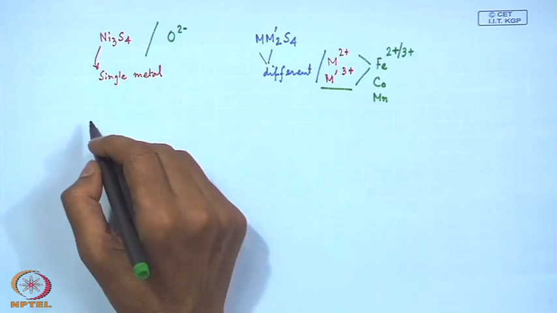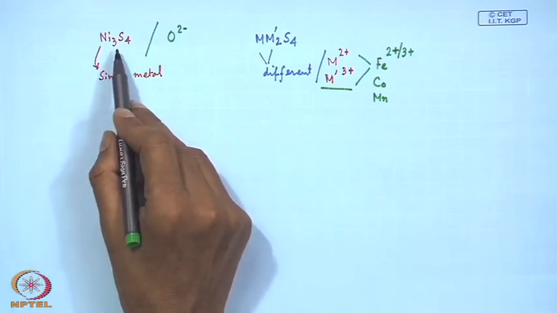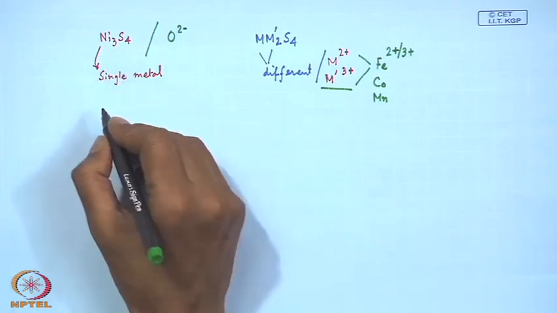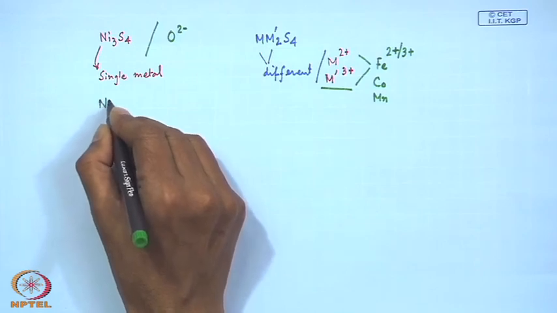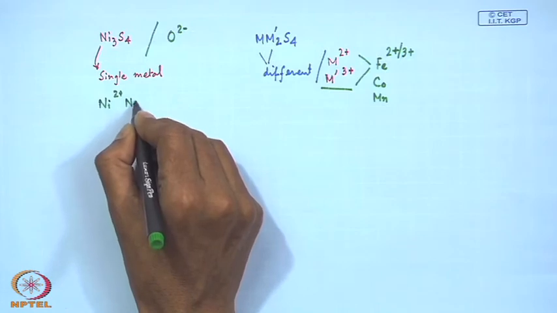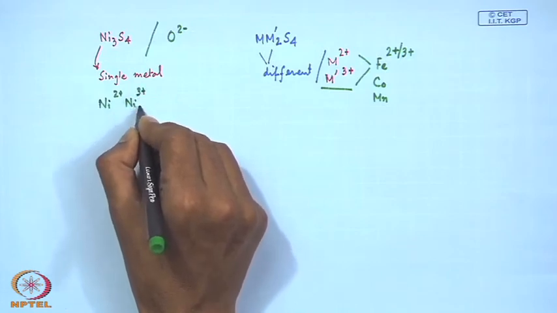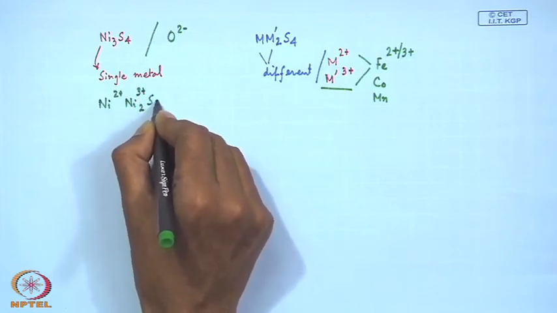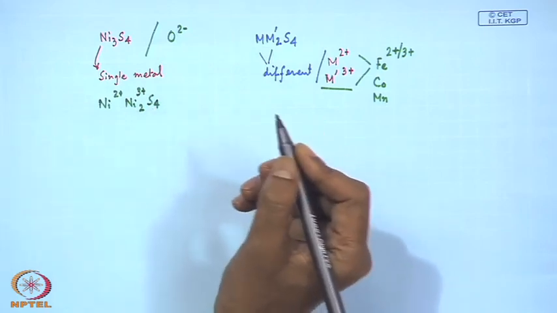So, in sulfur environment, which can show some amount of polarization, this nickel center is present as both bivalent and trivalent states in the tetrasulfur environment.